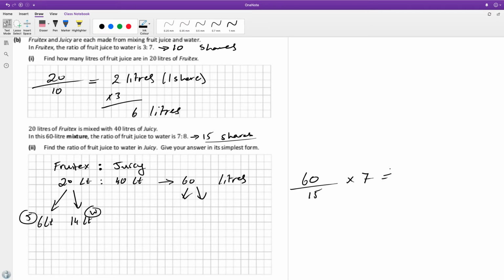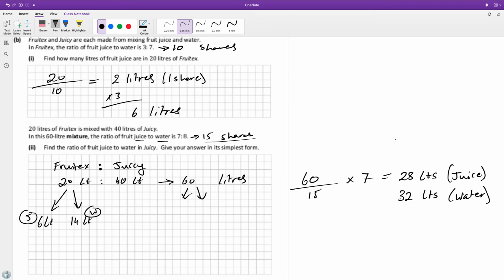So 60 divided by 15 multiplied by 7 is 28. 28 litres is what? Juice. Juice to water. So 28 litres of this is juice. And how much is water then? 32 litres is water.